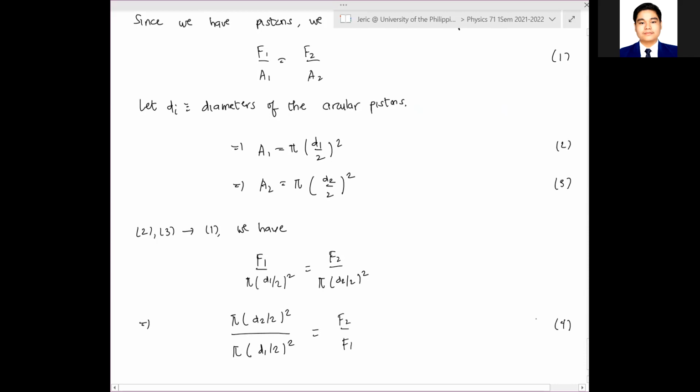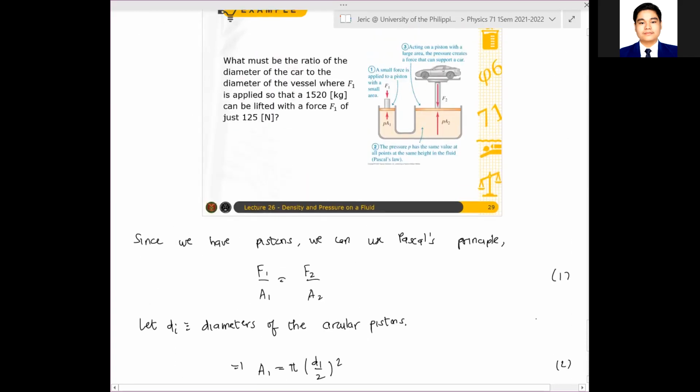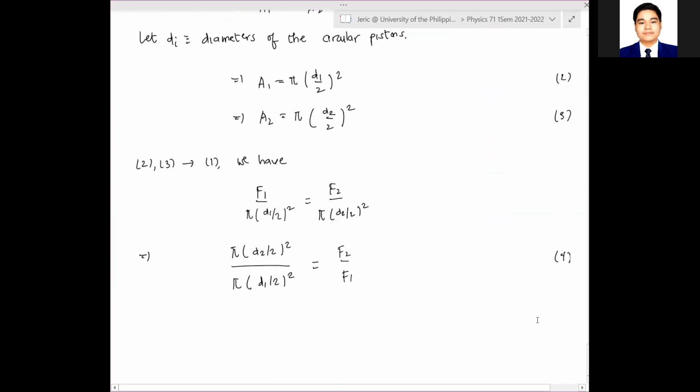Now, let's say that F2 is the larger piston. Subscript 2 denotes larger piston. Kalimutang sabihin. Again, you want a larger piston for the car. Syempre, kung maliit na piston yan, masisira yung hydraulic lift mo. So F2 is basically the weight of the car that you want to lift.